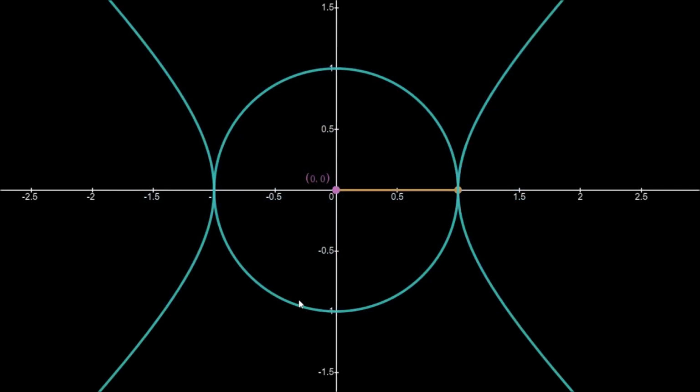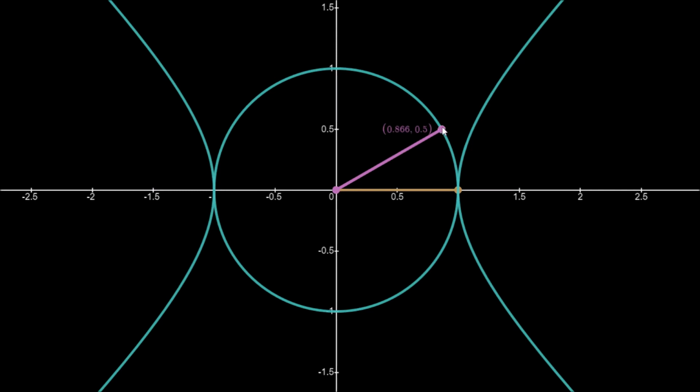So let's take our time and work through the example. We have our unit circle here and we have our hyperbola. Now we're going to start off with a point on the unit circle. To keep it the same as what we have worked out previously, we're going to use the point 0.866 for x and the y point will be 0.5.